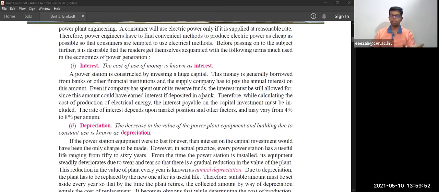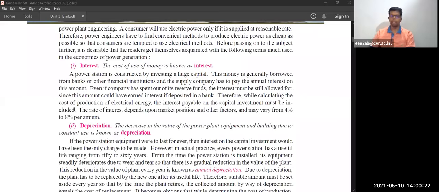Some reserve funds, some 1% or 2%, will be deposited in the bank. Then interest will be allowed for, since the amount would not earn interest if it were not deposited in the bank.